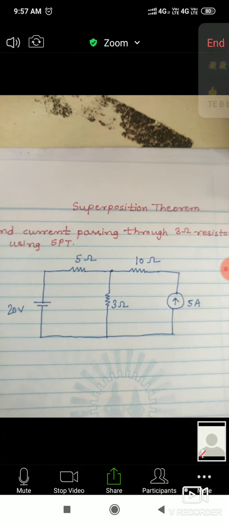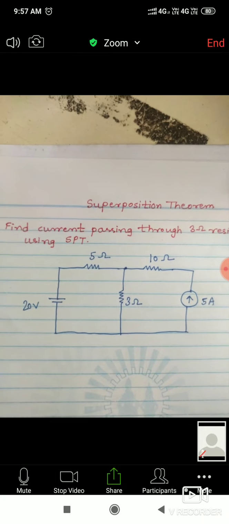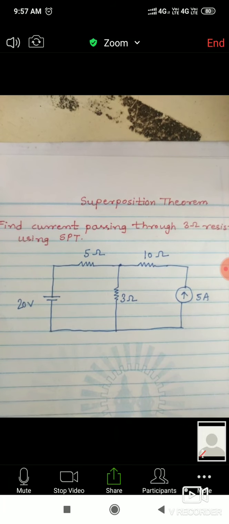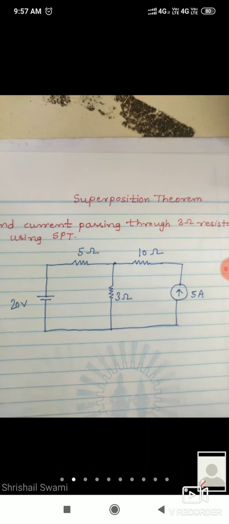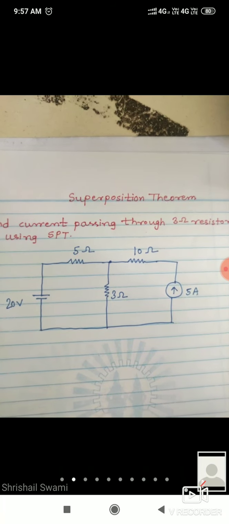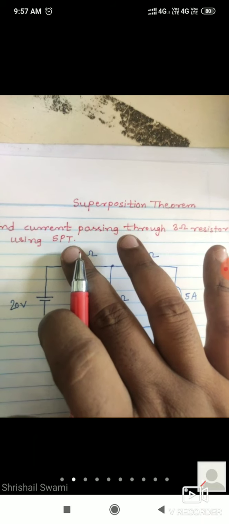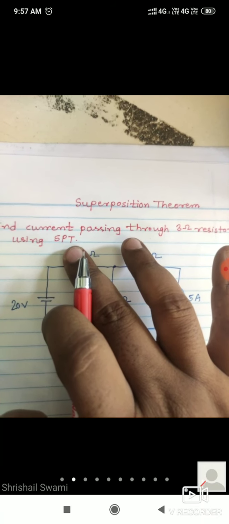You have to select the circuit method: nodal, mesh, current division, voltage division, Ohm's law, KVL, KCL, whatever methods are there. But which theorem to apply is given in the question, and according to the steps, the procedure of that theorem only, you have to proceed.